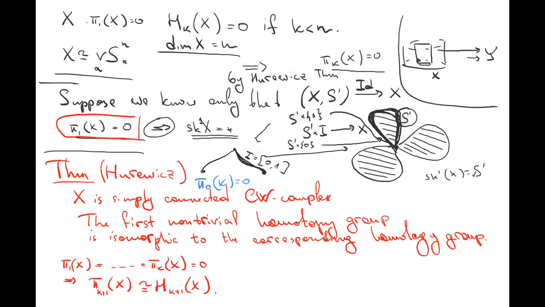Because we can give S2 a CW structure with 1 cells in it? Yeah, but you can always, but still it is homotopy equivalent to, oh, you're right. Okay.